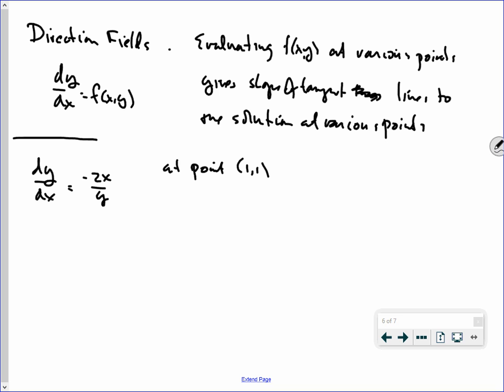Okay, so at the point (1, 1), if we plug that in, dy/dx is negative 2 times 1 over 1 equals negative 2. What this means is the solution to this differential equation which passes through this point has slope negative 2 at (1, 1). In other words, if I went over here to (1, 1), there's some solution to the DE at that point, and that's what its tangent line looks like.